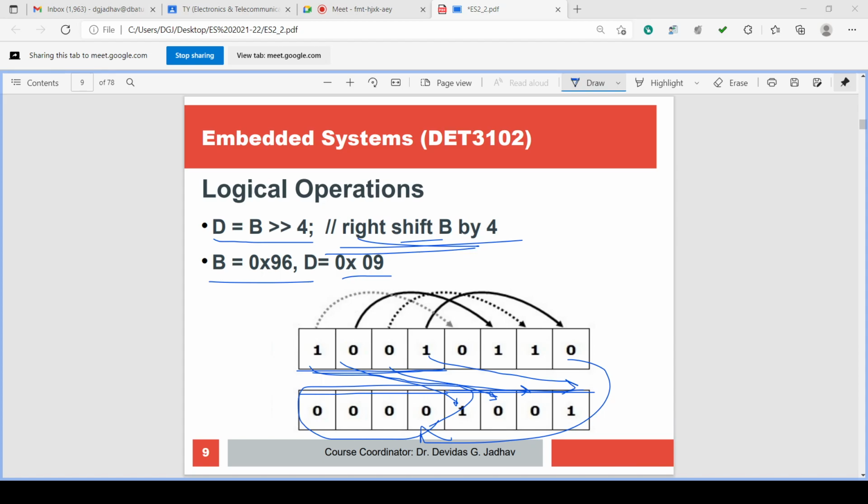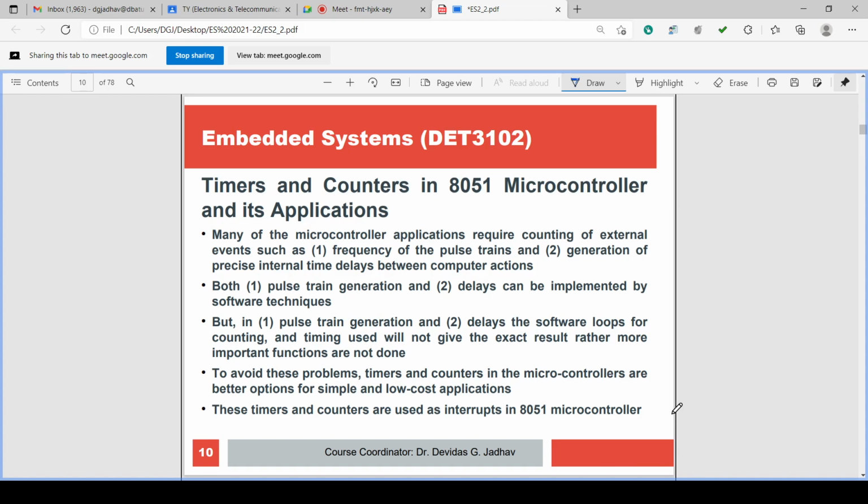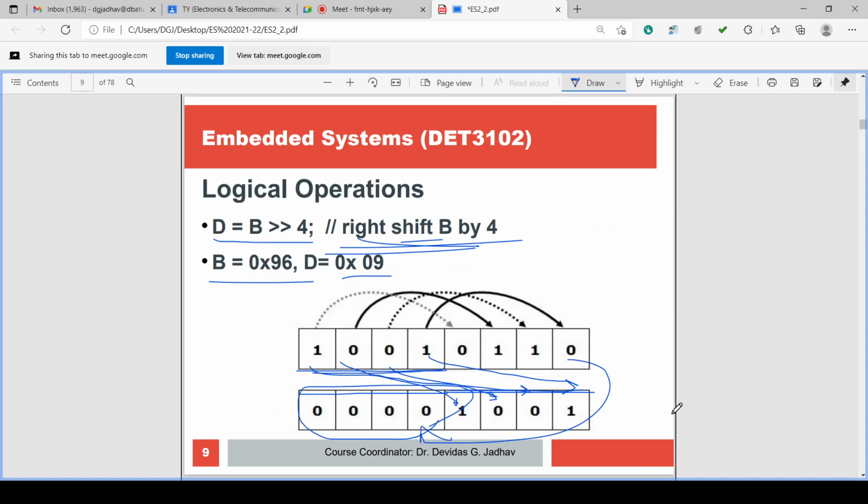In the logical operation of shifting right 4 times, the MSB of the hex becomes the LS side and the MS side becomes 0 in the hex. So this is about the logical operation.